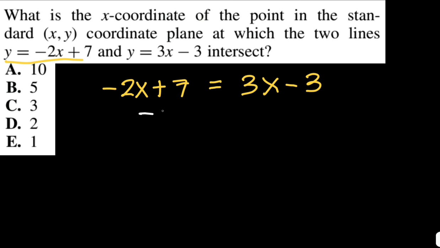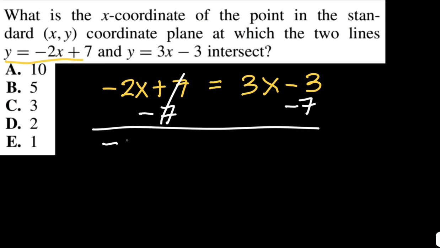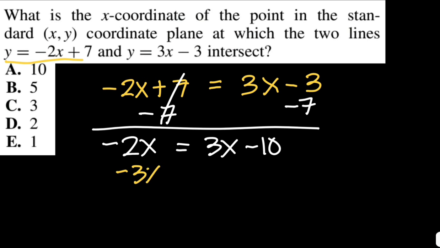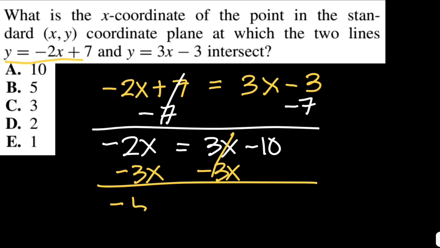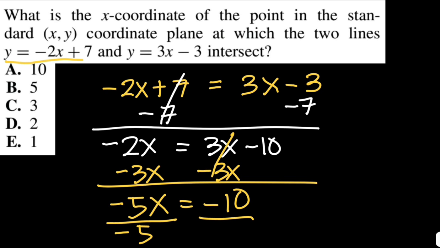So we subtract 7 from both sides. Then we have negative 2x equals 3x minus 10. Then we subtract 3x from both sides. Then we have negative 2x minus 3x is negative 5x equals negative 10. Then we divide both sides by negative 5.